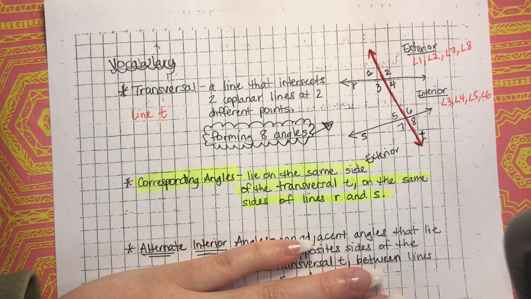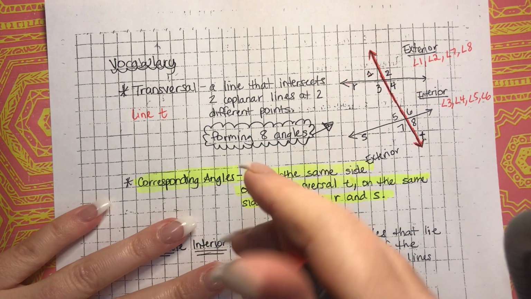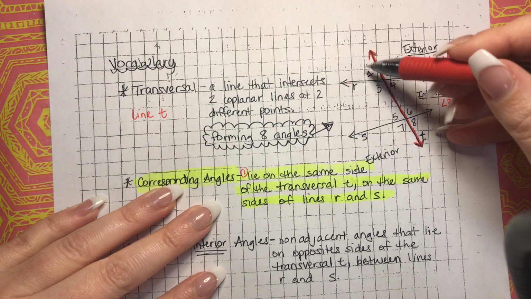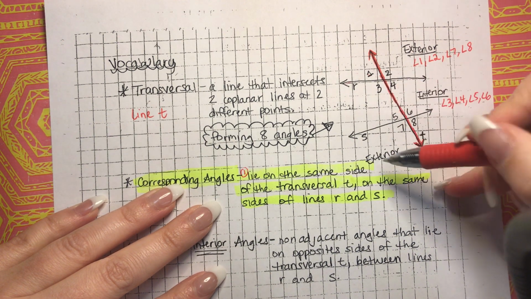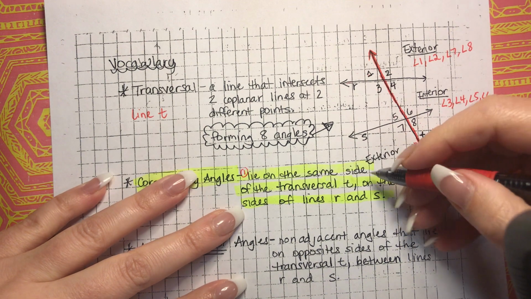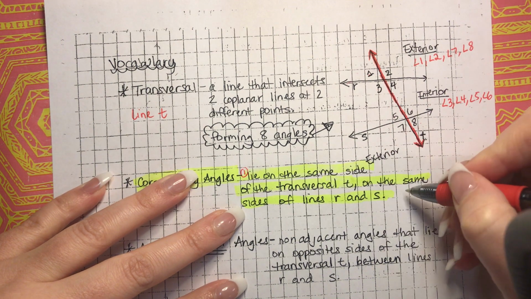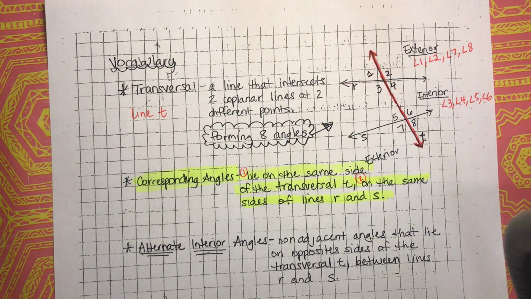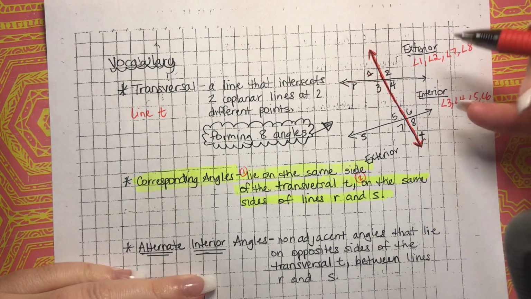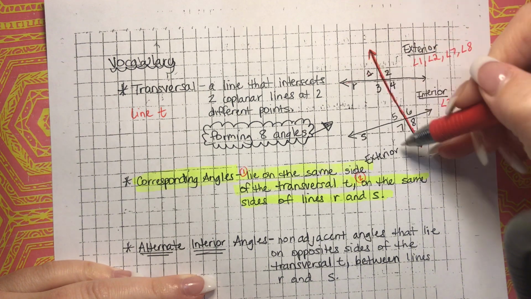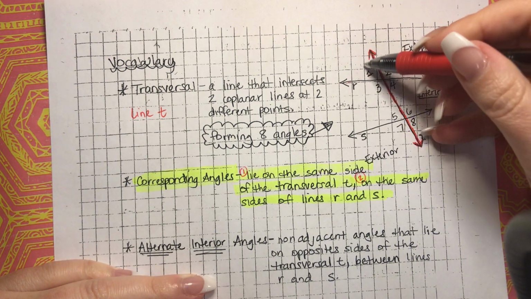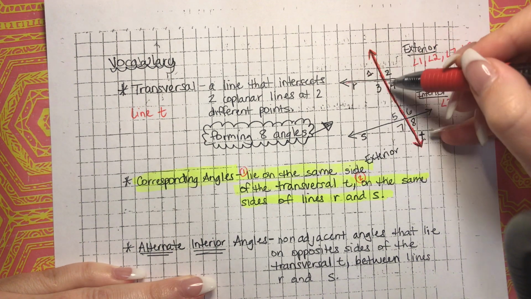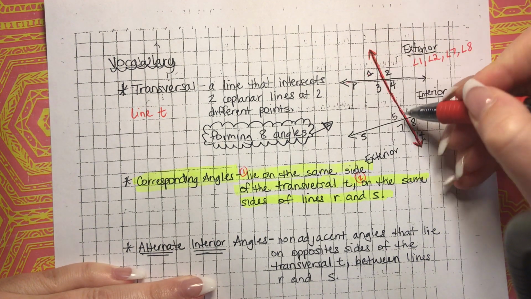So corresponding angles have two characteristics. Number one, they have to lie on the same side, right? So let's just think about the left side first. And on the same sides of line R and S. So that's the second characteristic. So, okay, let's see. What would that be? So if they have to be on the same side, and they have to be the angles that are on the top of R and the top of S, that would be 1 and 5.